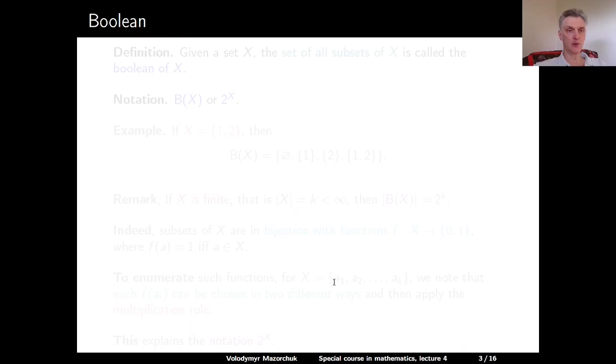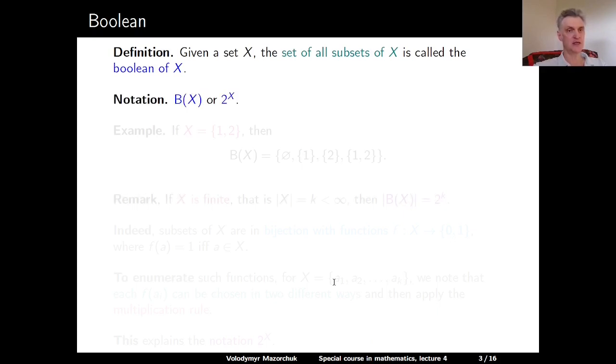Next, let us talk about the Boolean of a set. Definition: given a set X, the set of all subsets of X is called the Boolean of X. It is usually denoted by B of X or 2 to the power X. For example, if the set X consists of two elements 1 and 2, then its Boolean consists of four elements: the empty set, the singleton 1, the singleton 2, and the set X, the set consisting of the elements 1 and 2.